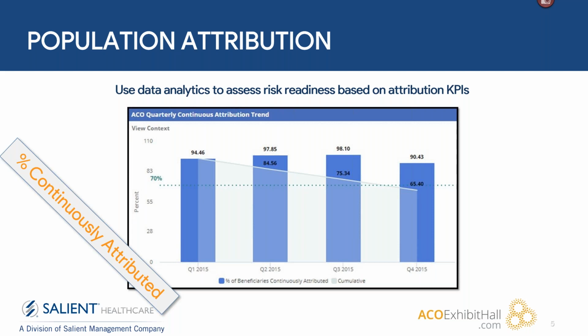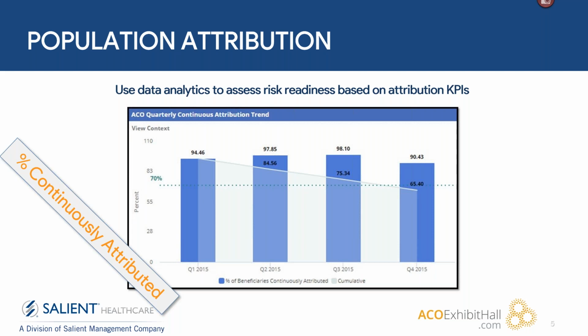This is also a very good measure to increase the other quality metrics and compliance metrics that are needed to drive your success. Now, in the example we see here, Q1 of 215X as a denominator. Now we see Q2 and Q3 have continuous attribution above the 70% threshold. Not bad, keep it up.